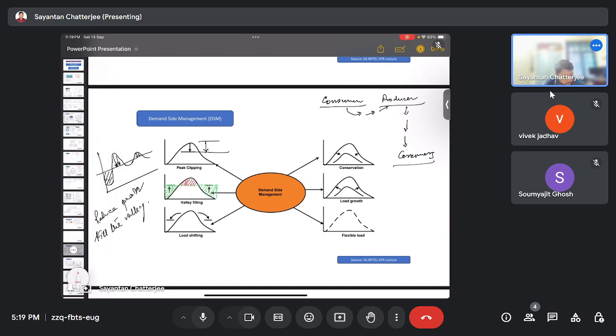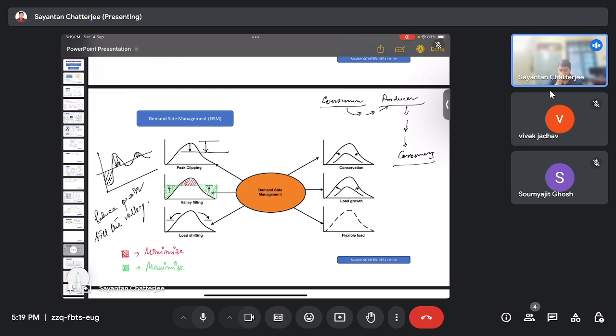So red means minimize, and green means maximize.